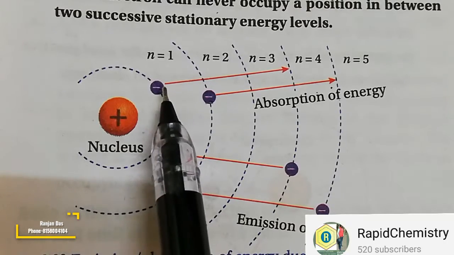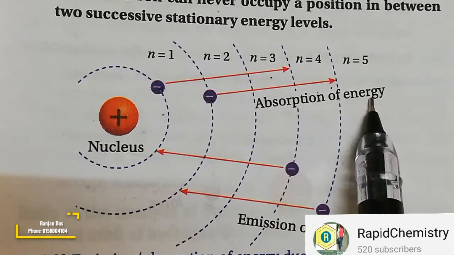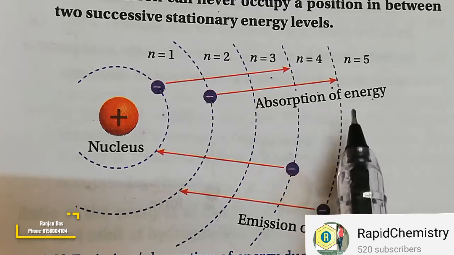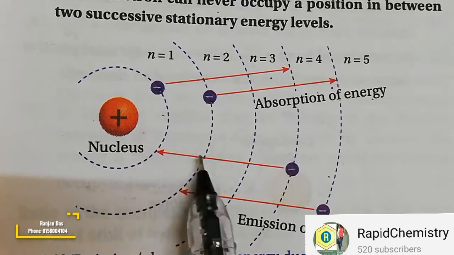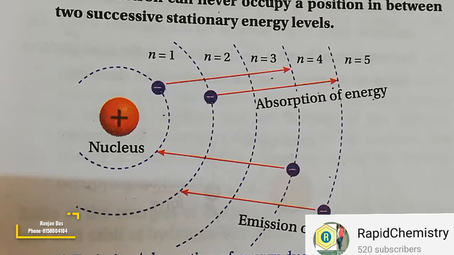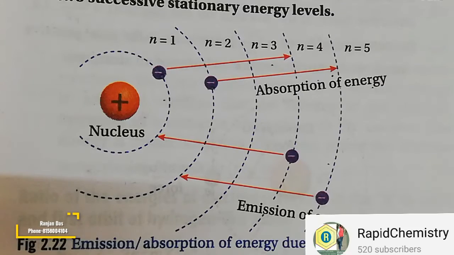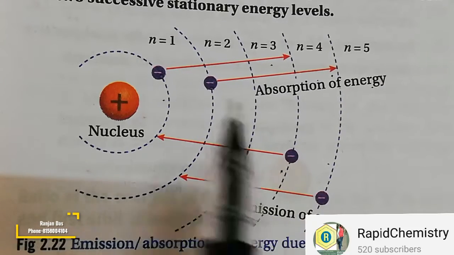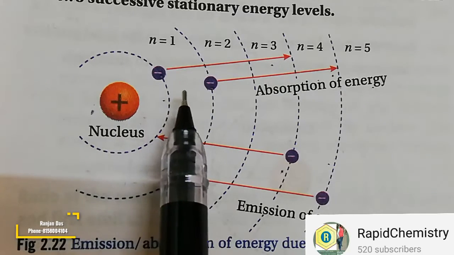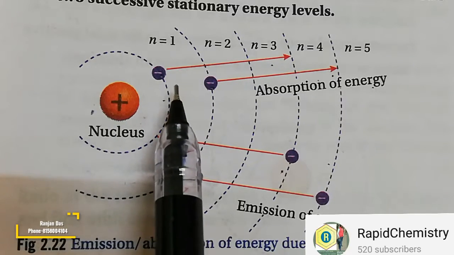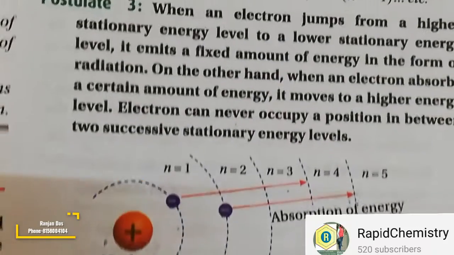That's why whenever an electron jumps from a lower shell to a higher shell, it will absorb energy. And vice versa, if an electron jumps from a higher shell to a lower shell, it will release a certain amount of energy. That is, emission of energy occurs when an electron jumps from a higher shell to a lower shell, and absorption of energy occurs when an electron jumps from a lower shell to a higher shell. So that is all about the third postulate.